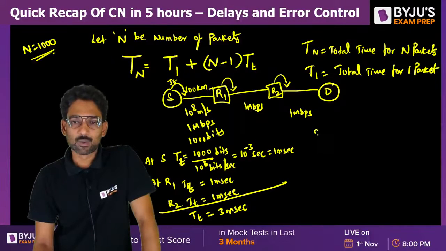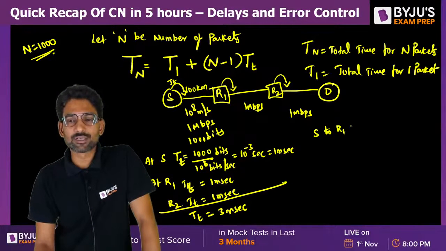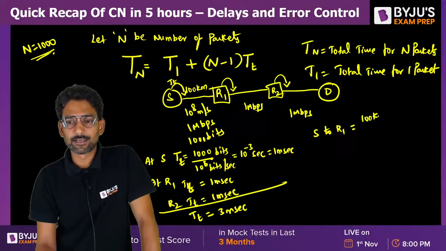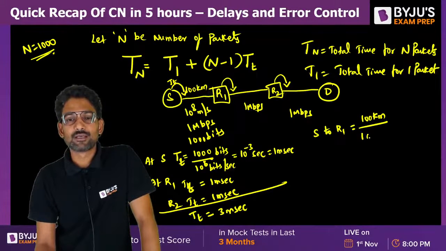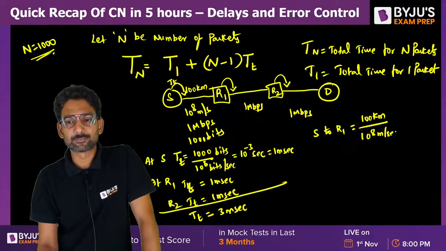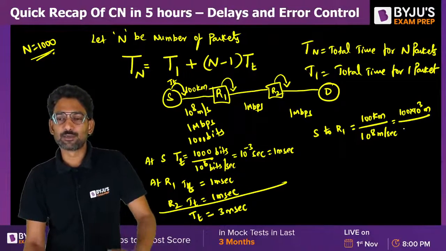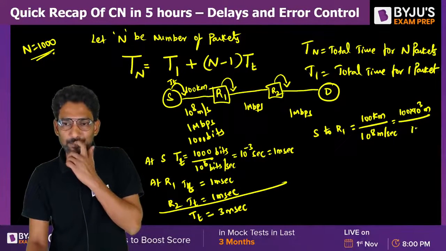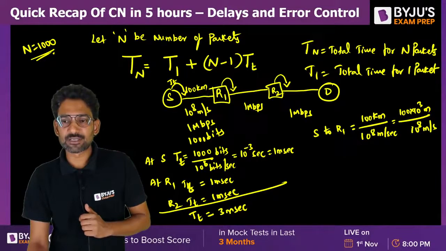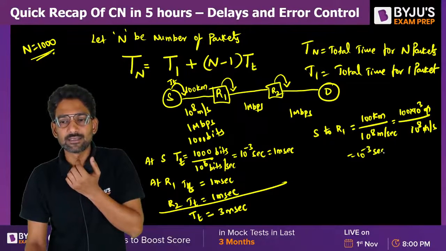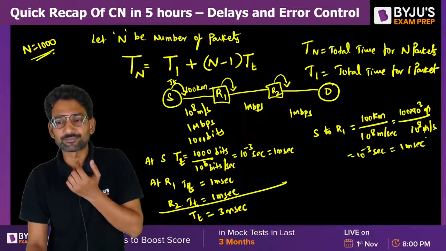Okay. Now, S to R1, what is the propagation delay? Length by speed. Length 100 kilometers, which I can write as 10^5 meters, divided by speed 10^8 meters per second. So this is 10^5 by 10^8, again 10^-3 seconds, that is 1 millisecond.